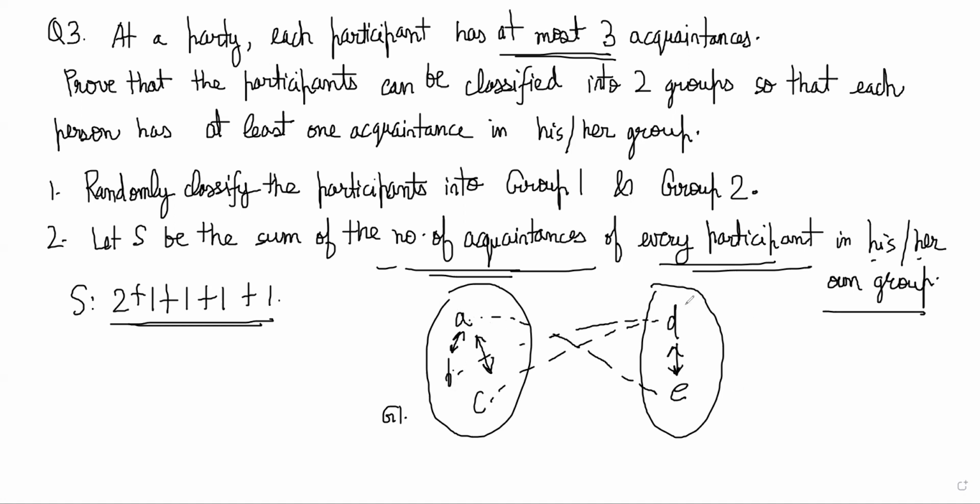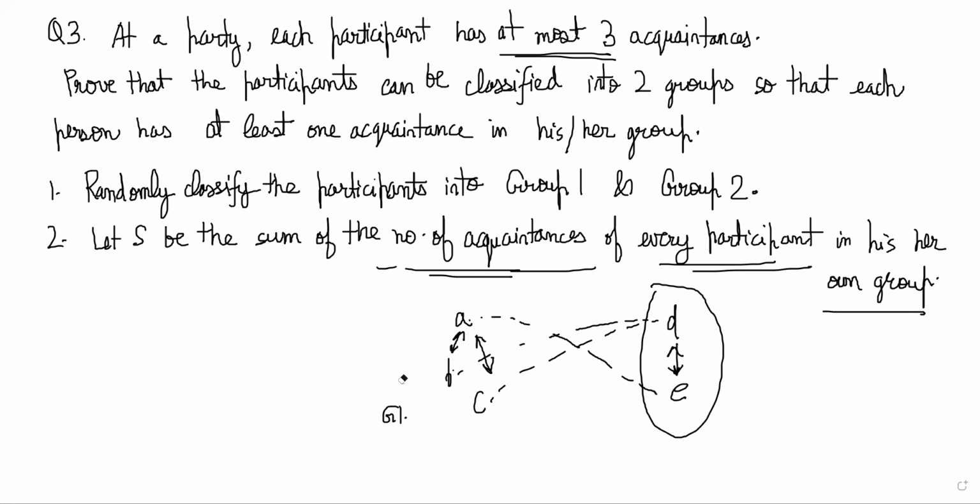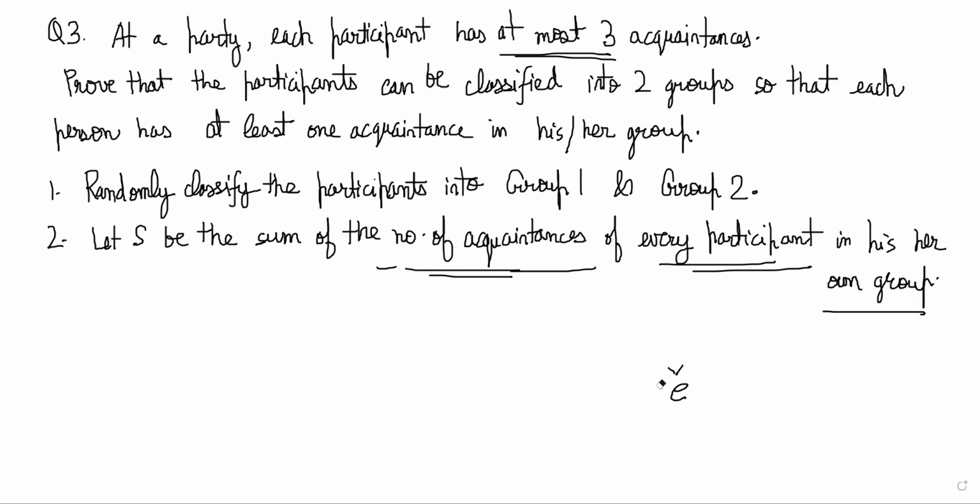Similarly, D in his own group knows 1 person, so his number is 1, and E also is 1. So that is basically the meaning of the S term. S is the sum of the number of acquaintances of every participant in his or her own group, and we do it for the entire set of all the participants, right?